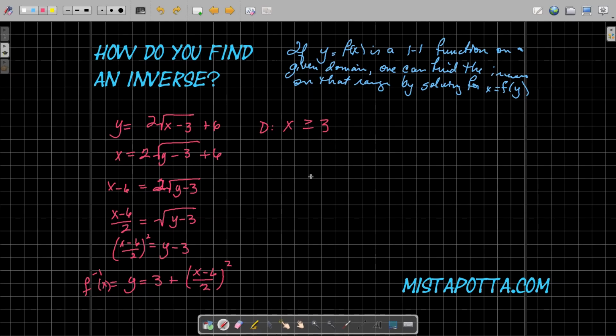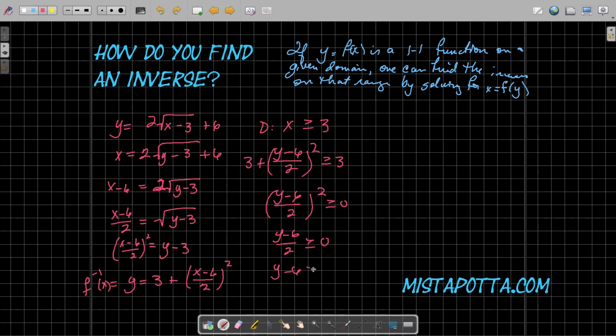So if x is greater than or equal to 3, that means that I want to make sure that y minus 6 over 2 squared plus 3 is greater than or equal to 3. And so if I solve this, I end up with y minus 6 over 2 squared is greater than or equal to 0 by subtracting 3 from both sides. Then I'm going to unsquare both sides, take the square root, so I get y minus 6 over 2 is greater than or equal to 0.